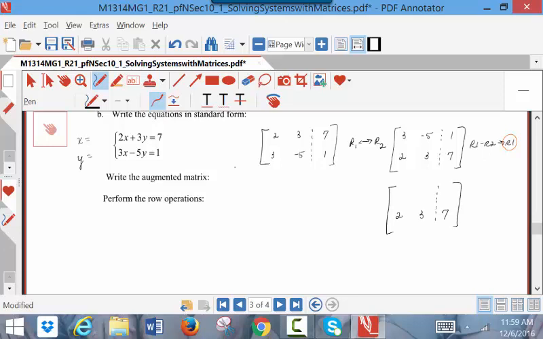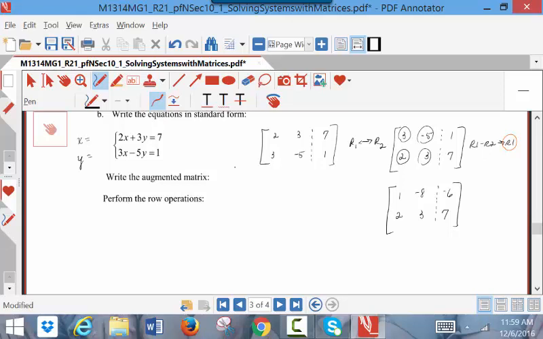Okay, row 1 minus row 2. 3 minus 2 is 1. Negative 5 minus 3 is negative 8. And 1 minus 7 is negative 6. I have my 1 in the top left corner.